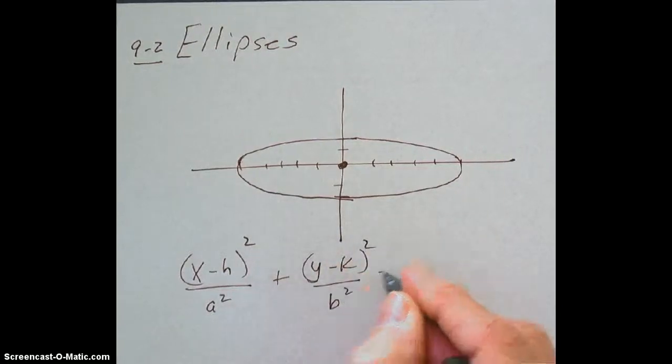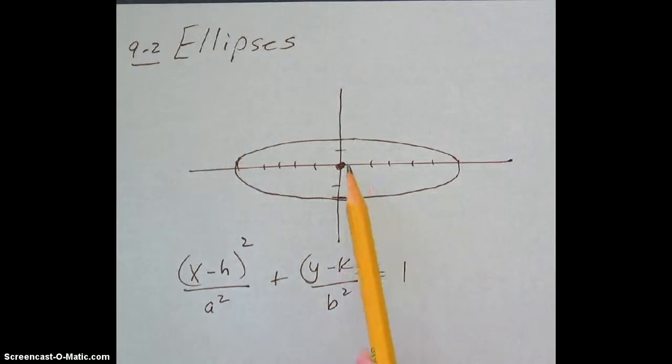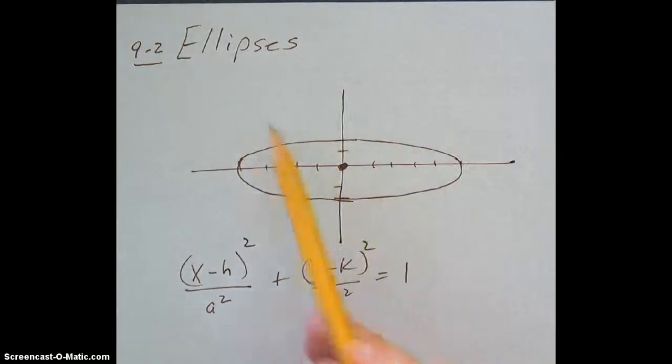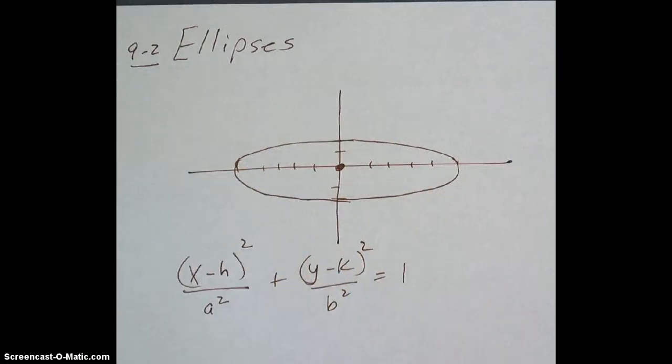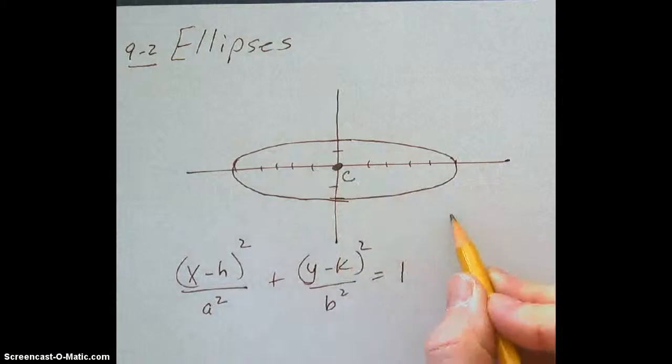And instead of having a center and having equal distance around the center, our distances are going to be different. So what are our important points of an ellipse? First of all, an ellipse will have a center.